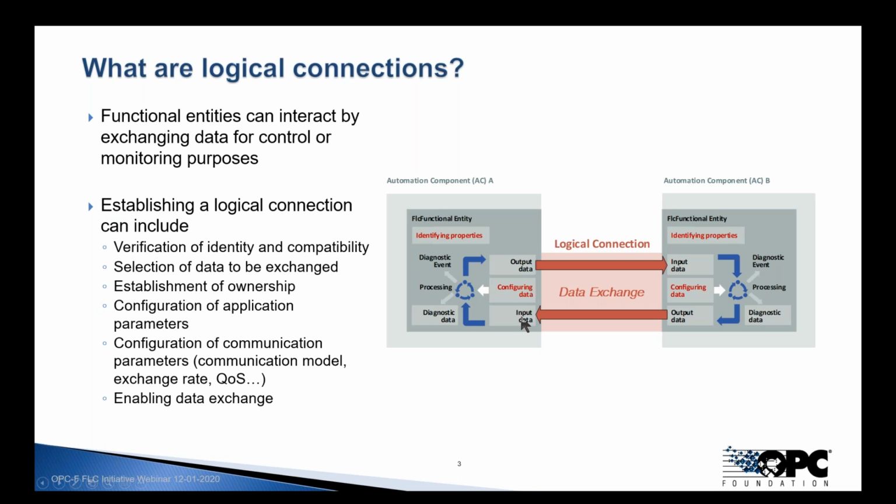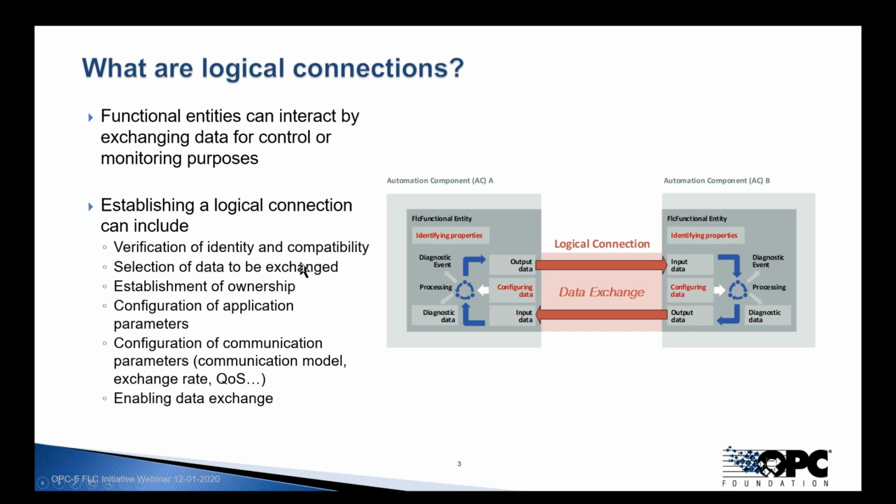Establishing a logical connection: if we set up the connection endpoint, as we've seen already in Paul's slide just a moment ago, a logical connection will have additional things which are included in the establishment process.